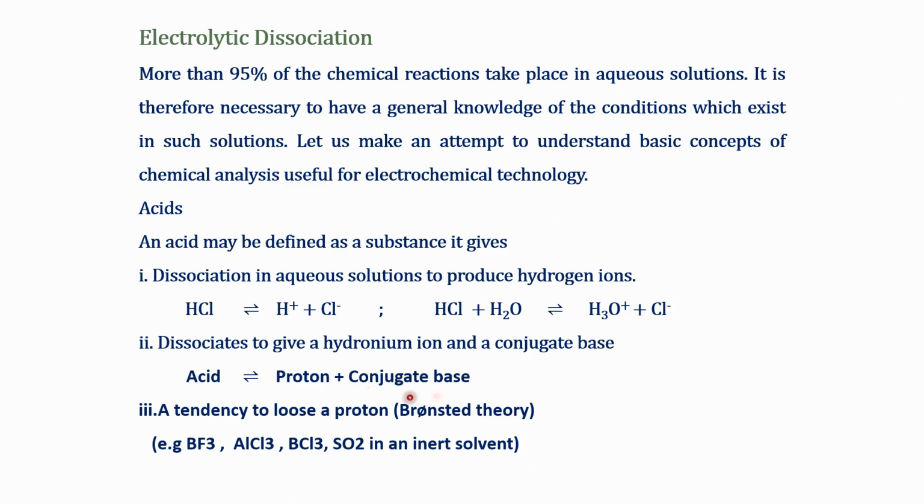But we are extending the same definition, that an acid is one in which a proton is there along with its conjugate base in equilibrium with the undissociated acid. Some part of the acid dissociates. So, it has a tendency to lose a proton. This is the definition of acid from the Bronsted theory.